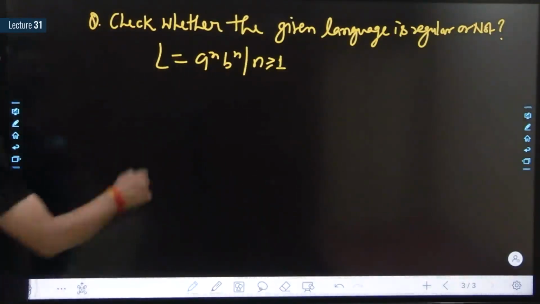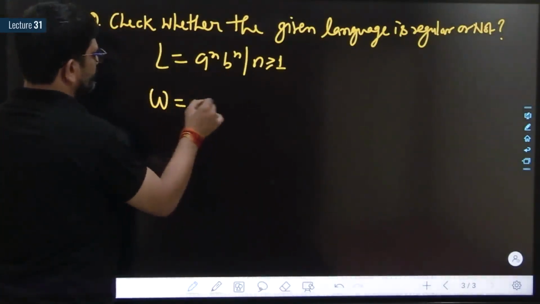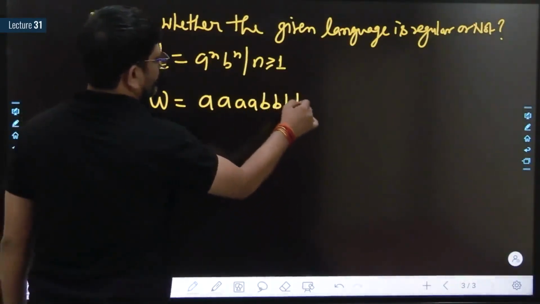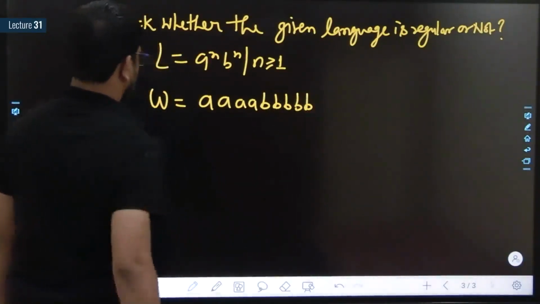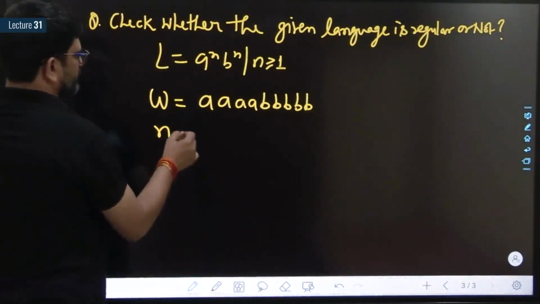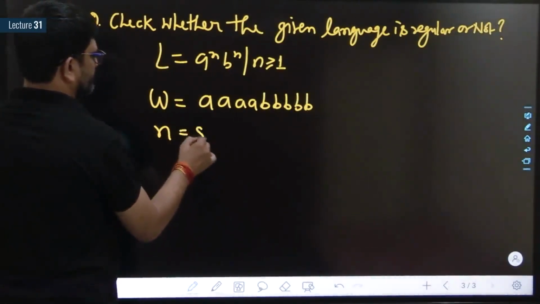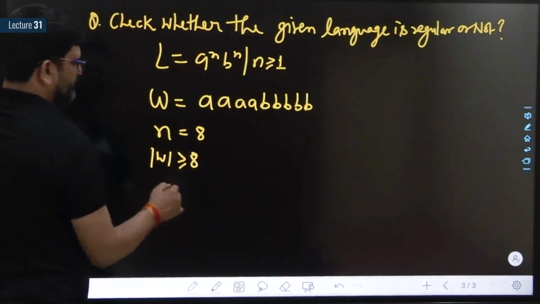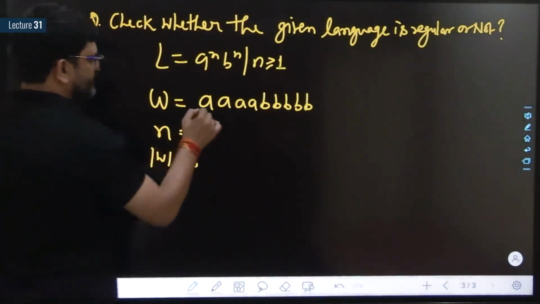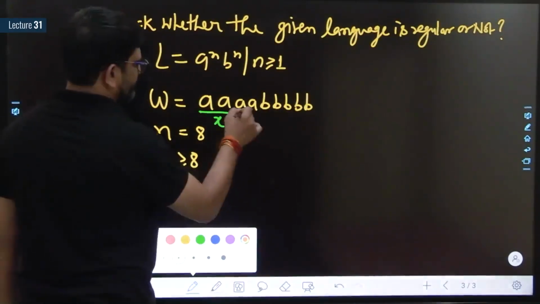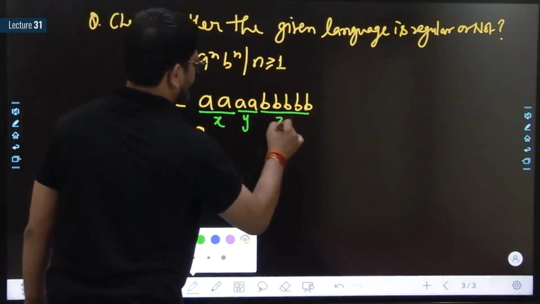Now take any string w, a a a b b b. Suppose n is 8. The mod of w is greater than or equal to 8, divide into three parts. This one is x, this one is y, this one is z.